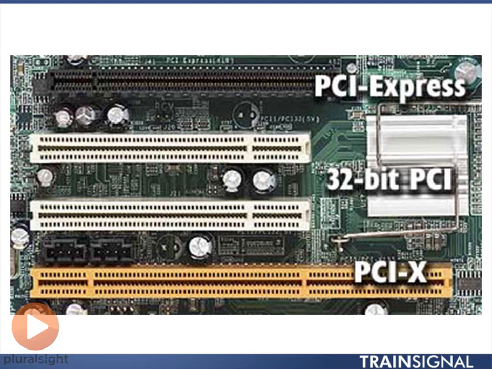And now we have a 64-lane highway, right, with 64-bit, and we can say that that's like some of the super expressways that we have on some of our road systems today. Okay, data can travel really fast on that. Okay, so that's the PCI-X.